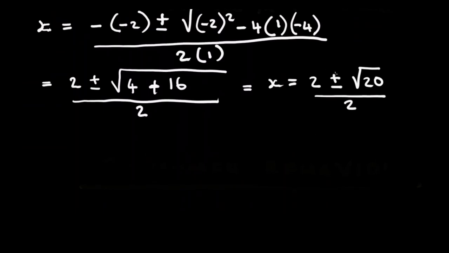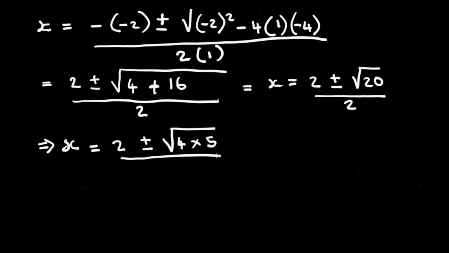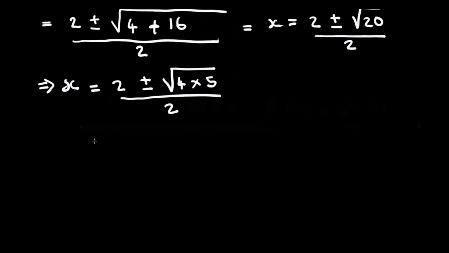But we can further break this down. We will say x is equal to 2 plus or minus, instead of the square root of 20, let us replace 20 with 4 times 5, over 2. This is equal to 2 plus or minus the square root of 4 times the square root of 5.